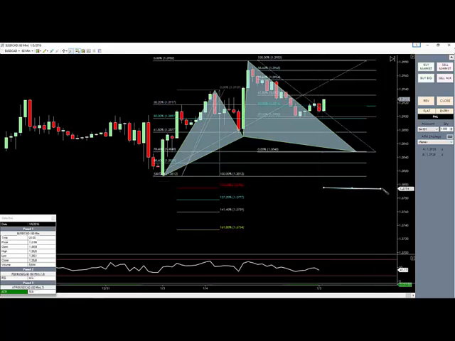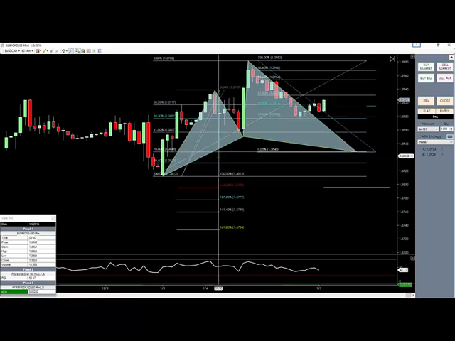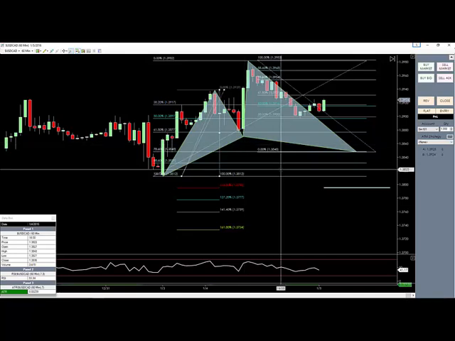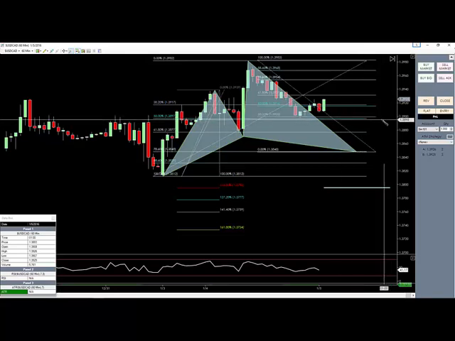So around the 137.95, we want to go below that 3,800 even handle number. And of course, our first target would be in the 382, around 139.